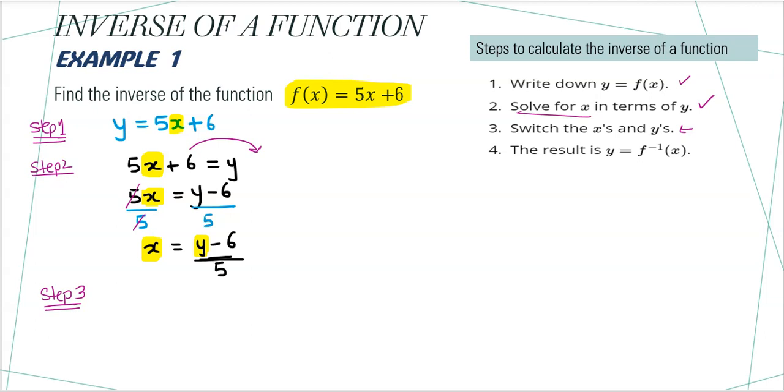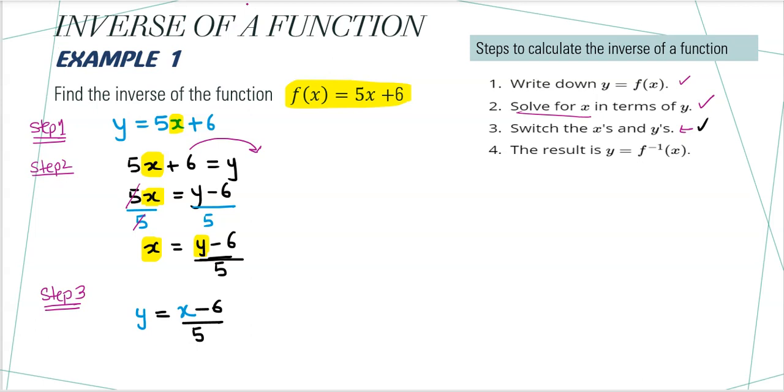So in place of x, we write y, and in place of y, we write x, and we do not change anything else. Minus 6 same, divide by 5 same. So we're done with this third step.